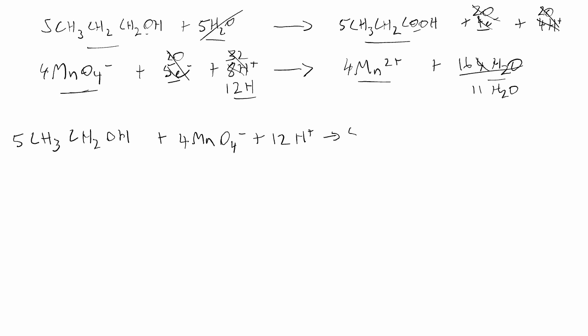It's going to produce, I'm going to run out of room here, 5 CH3CH2OH, which is our acid. Hopefully I don't run out of room. 4 Mn2+, we might be okay. And our 11 H2O. And that's it. So that's our combined redox equation here for the oxidation of propan-1-ol.